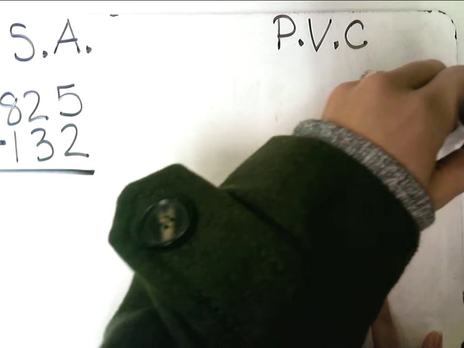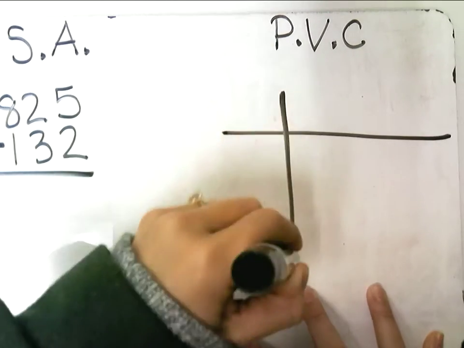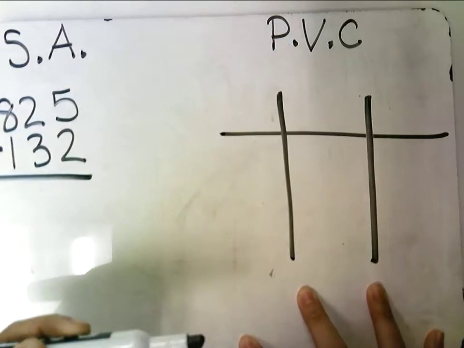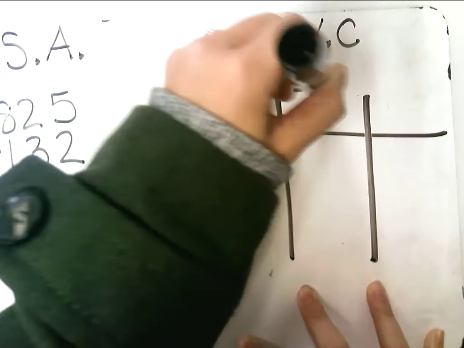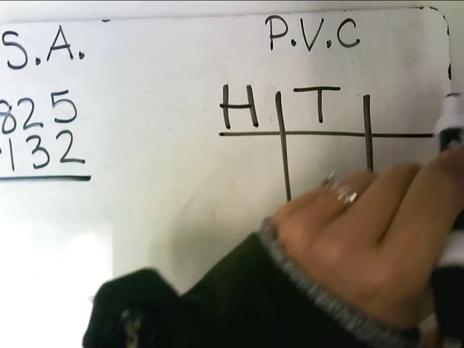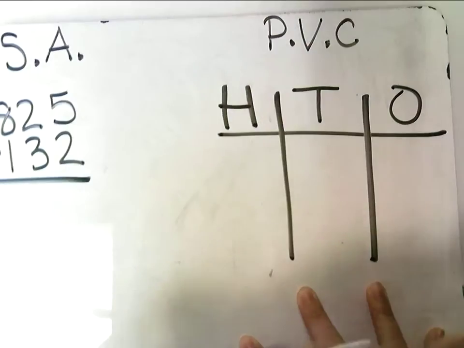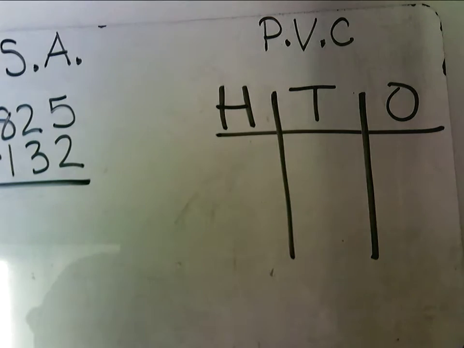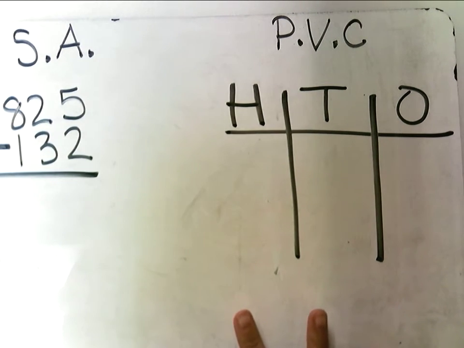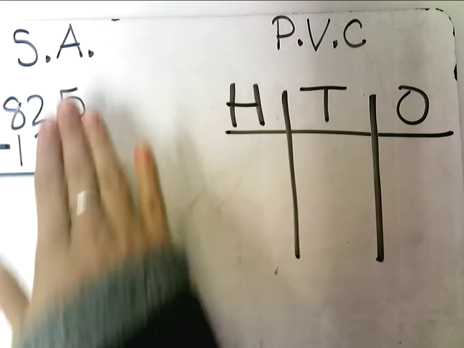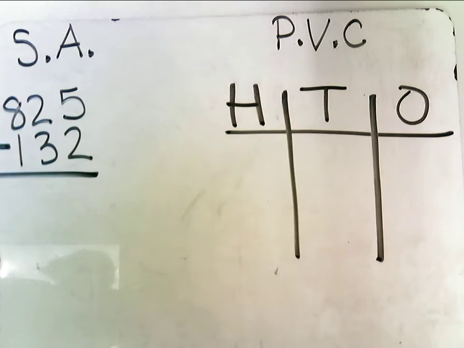So I make my line across. Here's my two lines, and I have my H for hundreds, my T for tens, and my O for ones. Okay, so let's look over at our vertical equation.